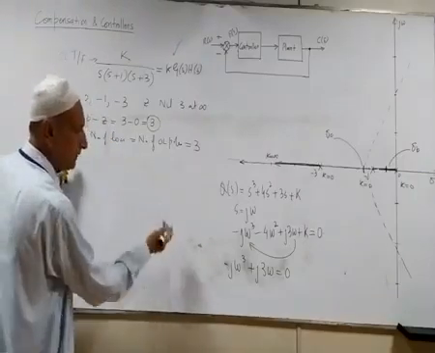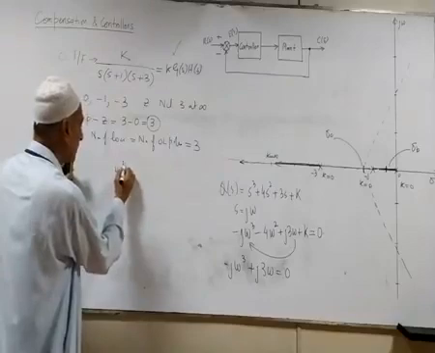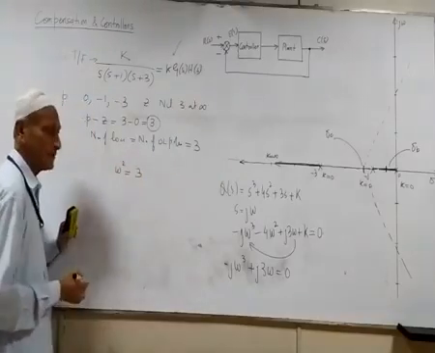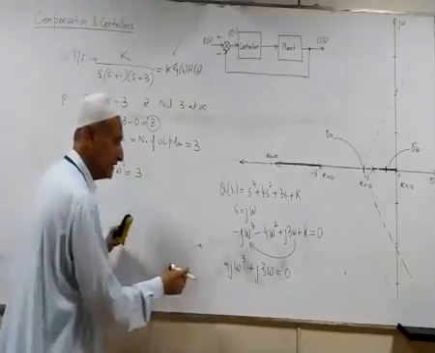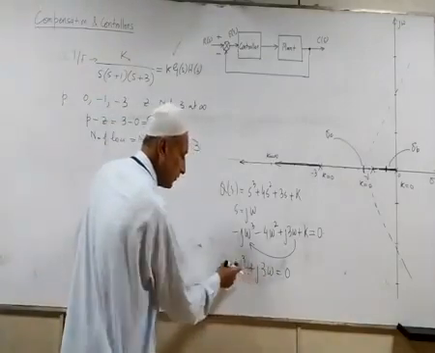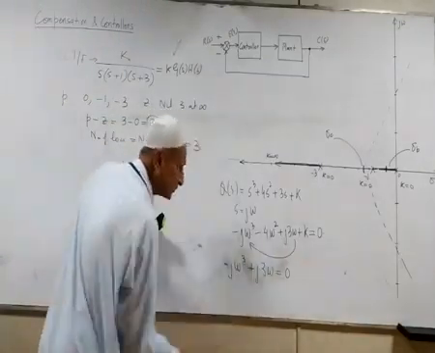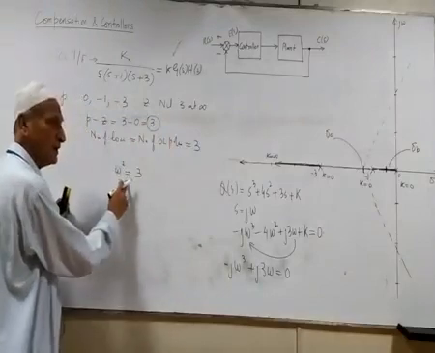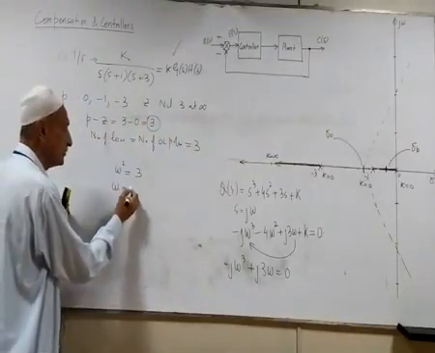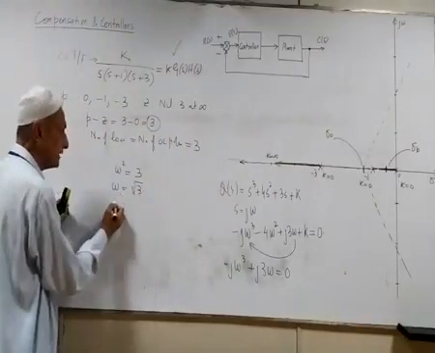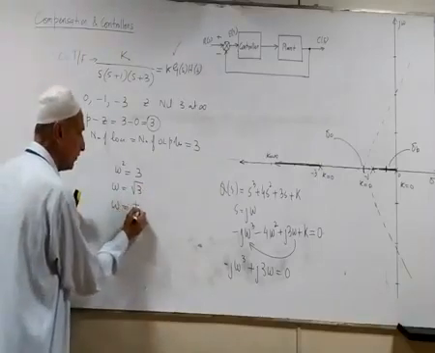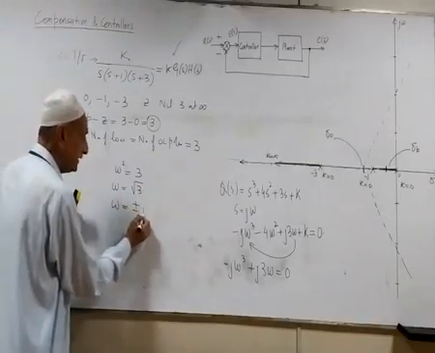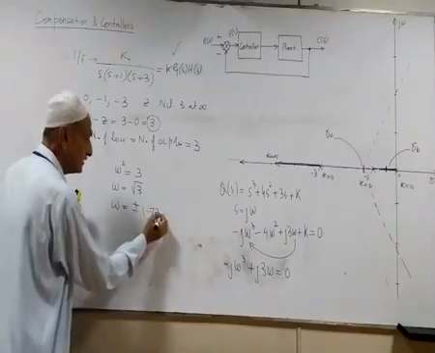So we will have omega square is equal to 3. When we get rid of one of the omegas and transfer to the other side, omega square is 3, which gives omega equal to under root 3, which is omega equal to plus minus 1.732.